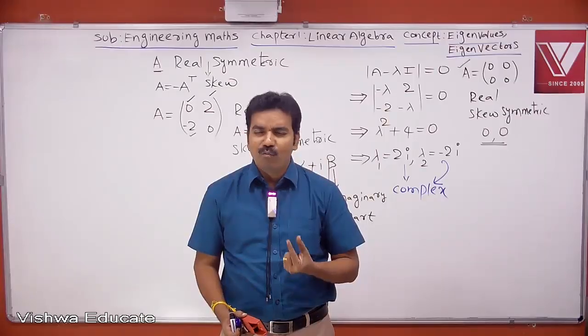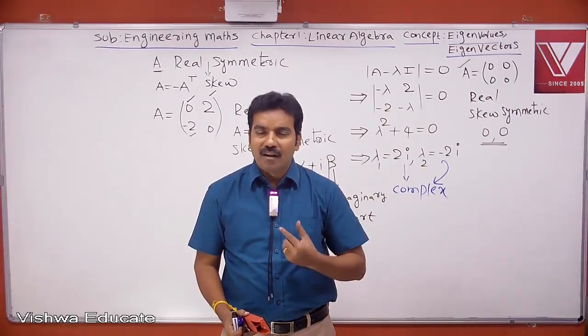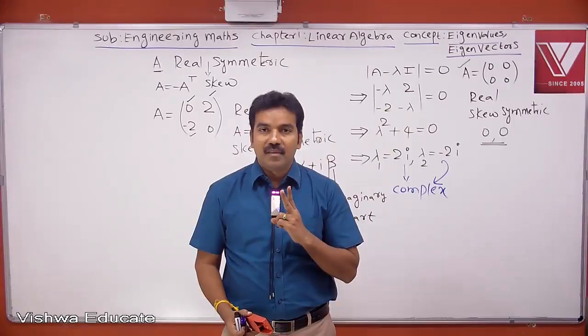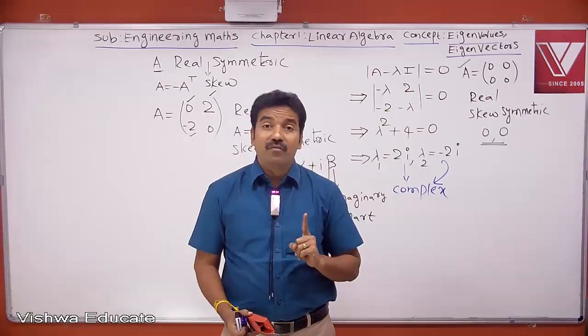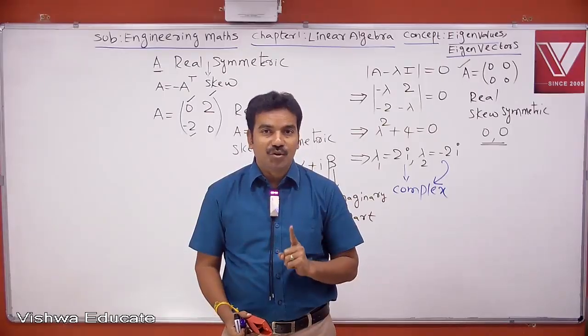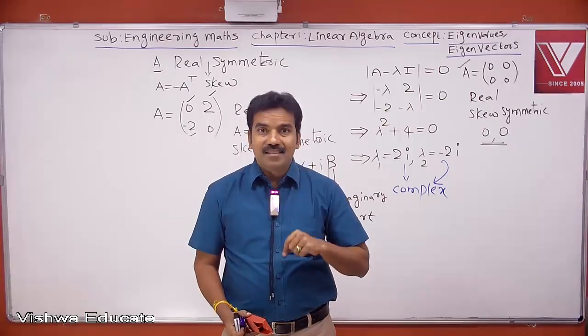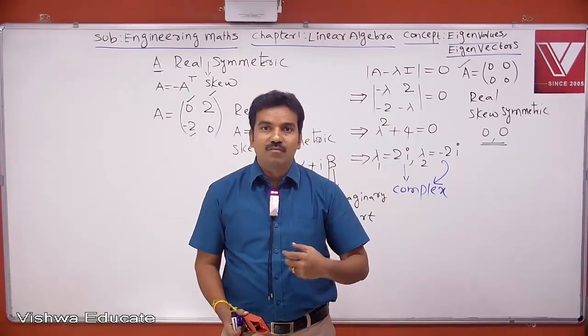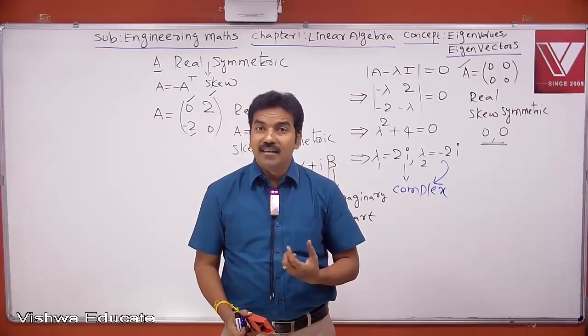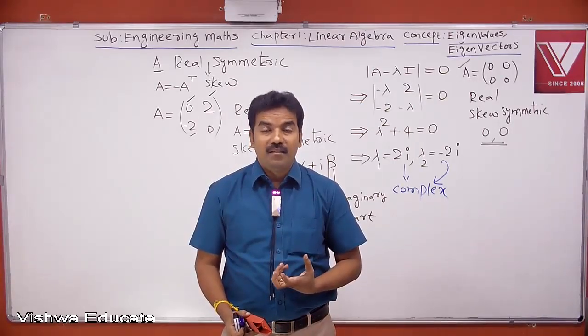Got it? Very, very important point. I will tell you once again. First point is, the determinant of a skew symmetric matrix of odd dimension is 0. And in the last session, we mentioned if something is a singular matrix, then its det value is 0.